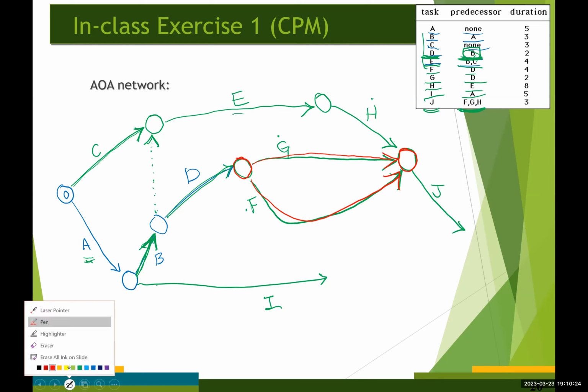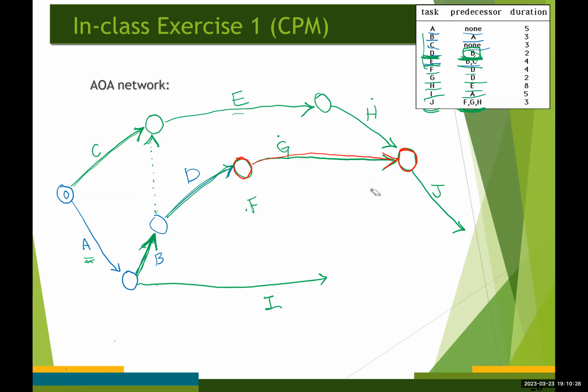Let me make a correction. We have activity F down here, but after that we're going to have the dummy activity like this. I'm going to call it dummy activity 1 and then dummy activity 2, okay?